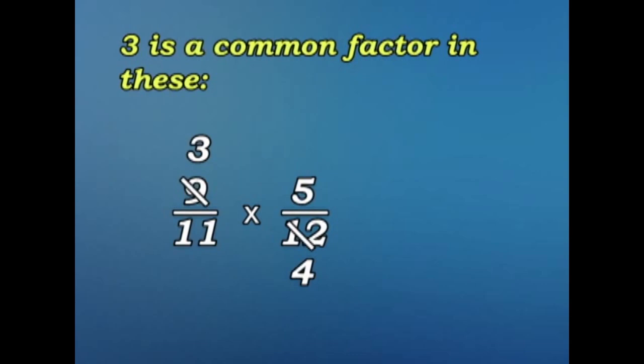Then we multiply the numerators and the denominators. 3 times 5, 15. 11 times 4, 44. So 9/11 times 5/12 make 15/44.